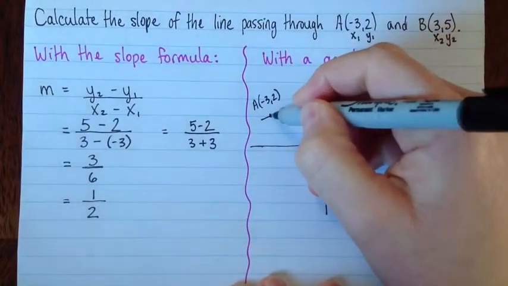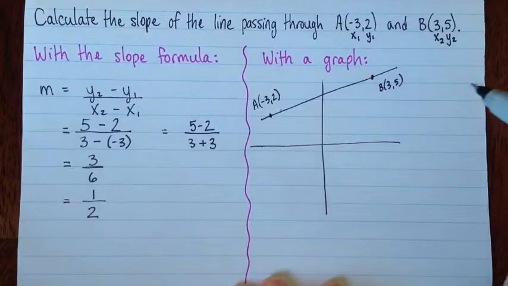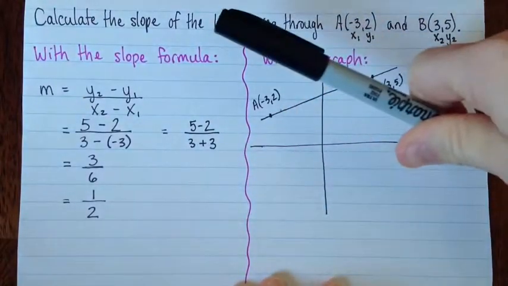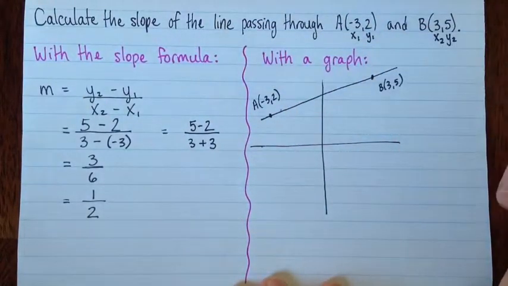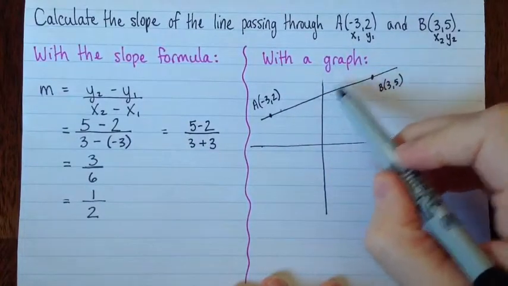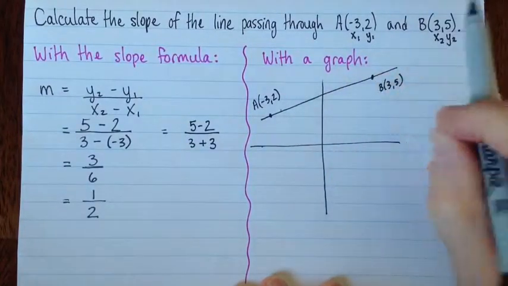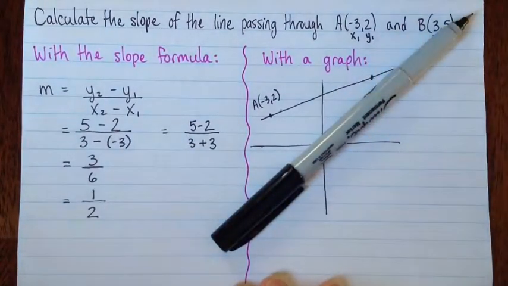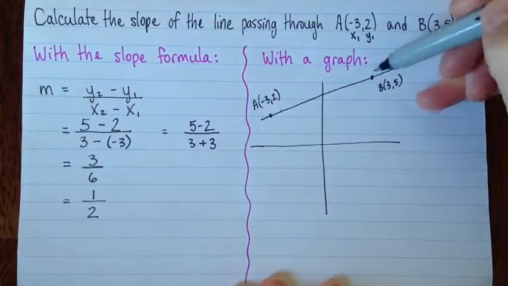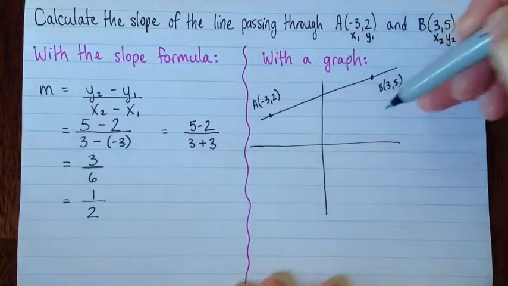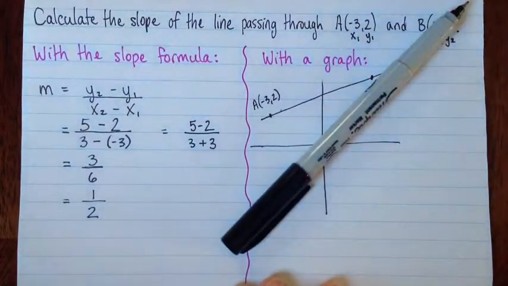So that tells us right away the slope of this line is positive, because it goes in this direction, not this direction. And we can be pretty sure this line looks kind of flat. It looks less steep than this one, which is about 45 degrees. So this tells us that the answer is going to be closer to 0 compared to a slope of 1.